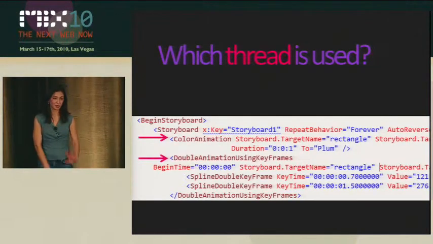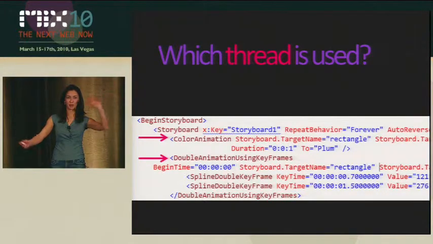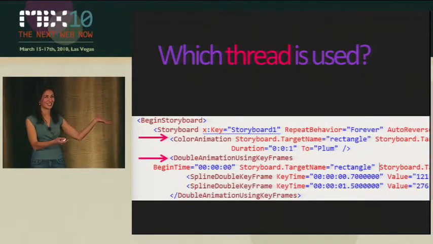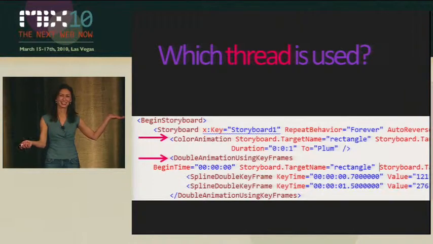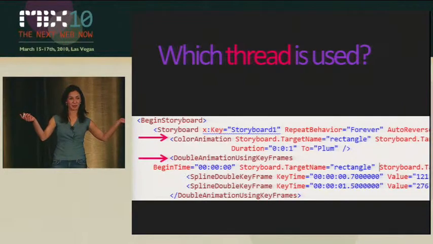So, little pop quiz, which thread is being used? The first one is a color animation, and the second one is a double animation targeting a translate transform. Okay, what thread is being used for the color animation?